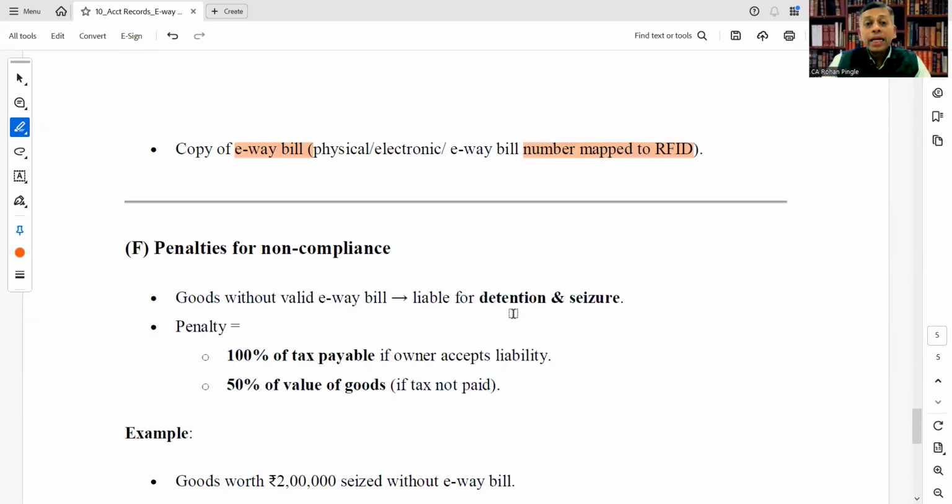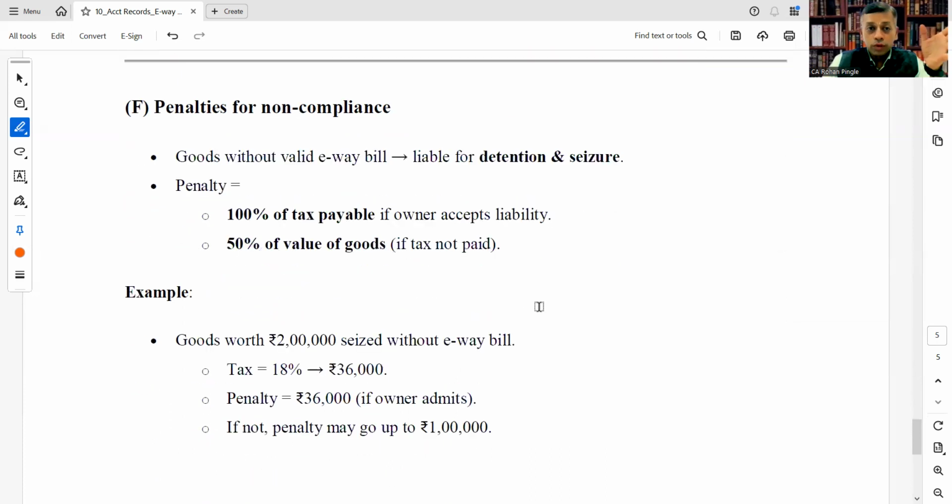So let's see the penalties for non-compliance. Goods without a valid e-way bill are liable to detention and seizure. If you are transporting goods without an e-way bill where it is mandatorily required and you have not generated it, then those goods will be liable to detention and seizure.